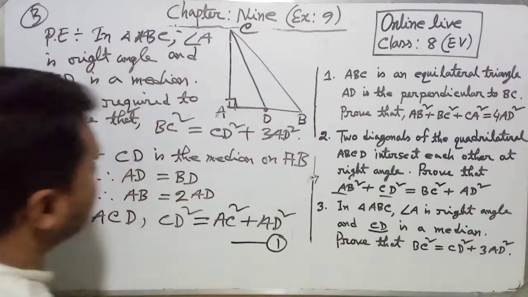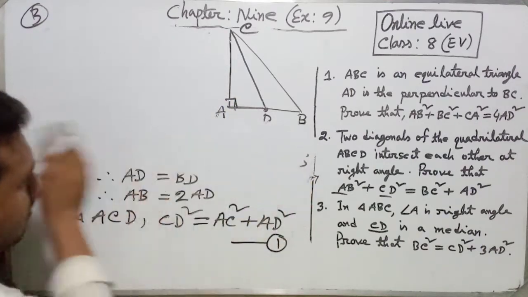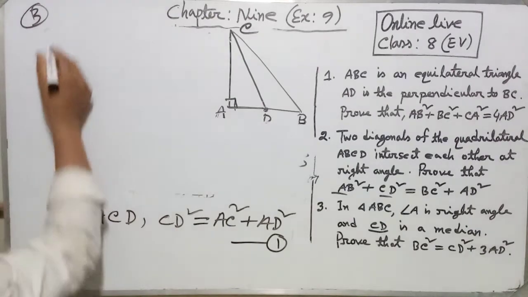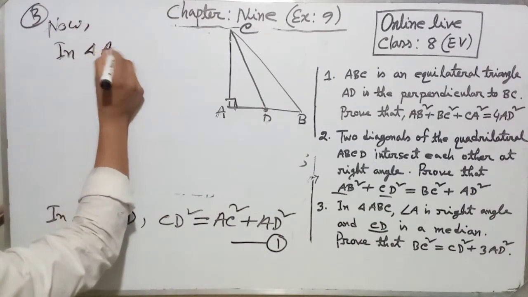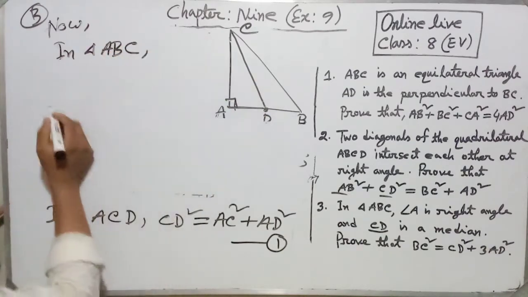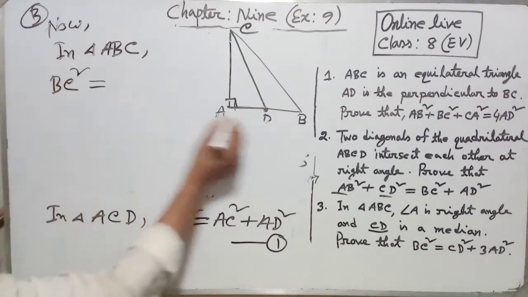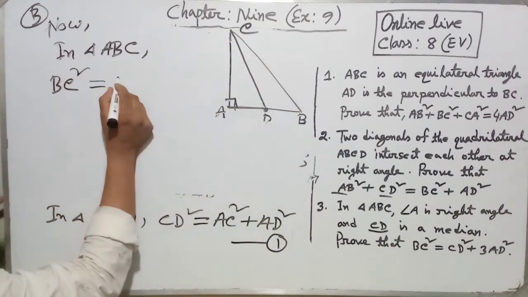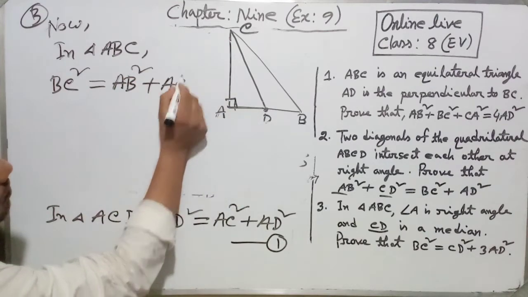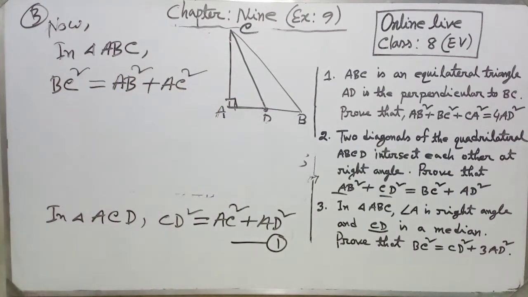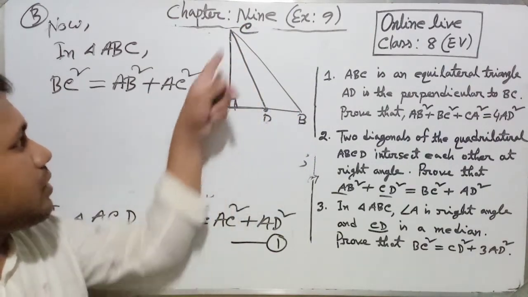This is also a right angle triangle. So now in triangle ABC, dear student, we can write BC square, it will be AB square plus AC square.